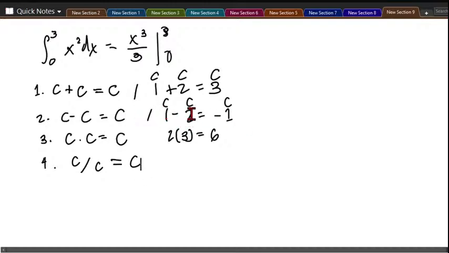A constant times a constant is still a constant: 2 times 3 equals 6. And a constant divided by a constant is still a constant, because the quotient is another constant.